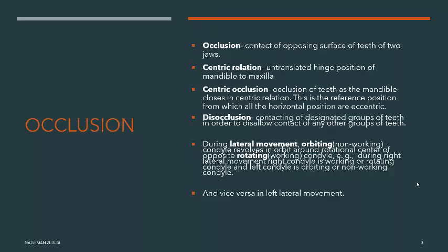It revolves in orbit around the rotational center of the opposite, rotating, working side condyle. During right lateral movement, the right condyle would be the working or rotating condyle, whereas the left would be the orbiting or non-working condyle, and vice versa. If we take the other side as the working side, then the respective other side is going to be the non-working or orbiting condyle.